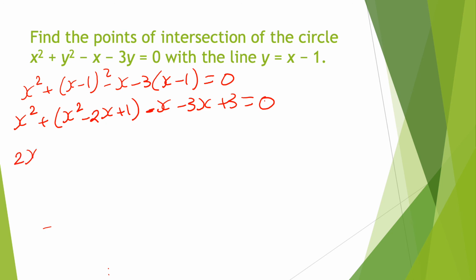So 2x squared, and minus 2x minus x minus 3x and minus 3x, so it's negative 6x, positive 1 and positive 3, positive 4. Oh, color changed. Equals 0. So I've got a quadratic equation, so I can divide by 2 just to simplify it.